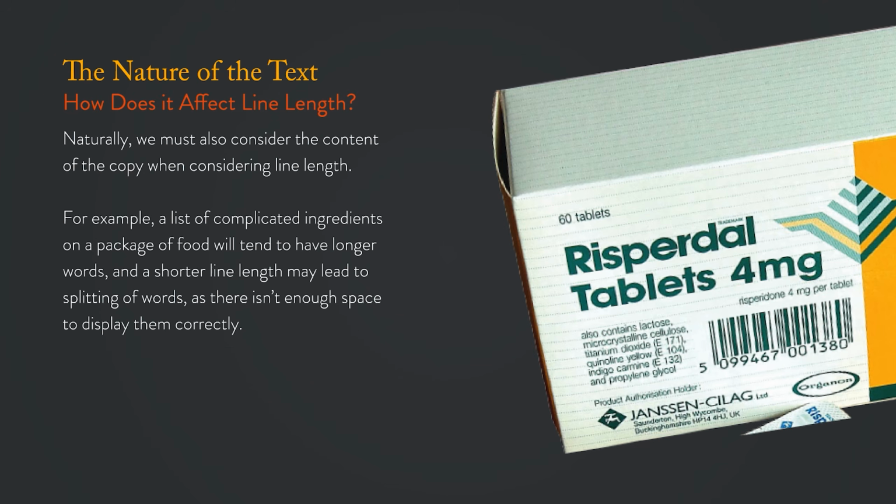So how does it actually affect line length then? What is the practical use of this? You have to consider the length of the words and content of the copy. For example, a list of complicated ingredients on a package of medicine or food will tend to have longer words, yeah? Microcrystalline cellulose, for example.